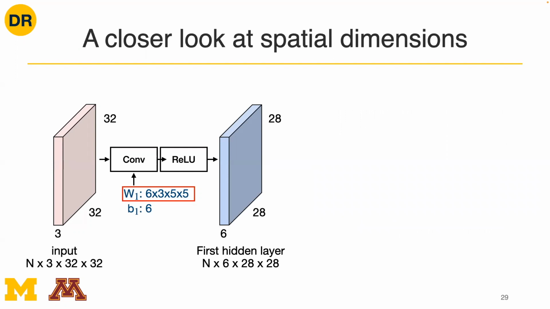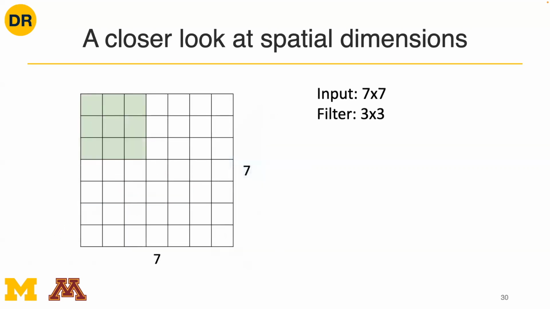So let's look a little bit closer at the question of these spatial dimensions and try to understand how we could compute what the expected output spatial dimensions will be for a given choice of filter size and input size. Let's say we're looking at the convolution operation applied on a 7x7 input image. This 7x7 grid represents the pixels of an input image.